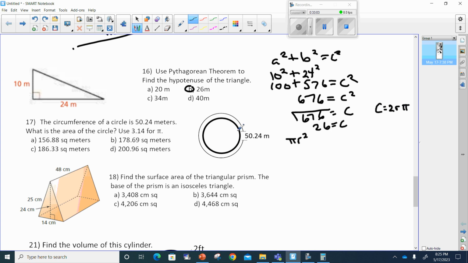And if the circumference is 50.24, and remember, I could swap r and pi, put pi and r over here. Remember, I'm looking for the radius, so I can say that 2 pi, which is 6.28, times r, equals 50.24.